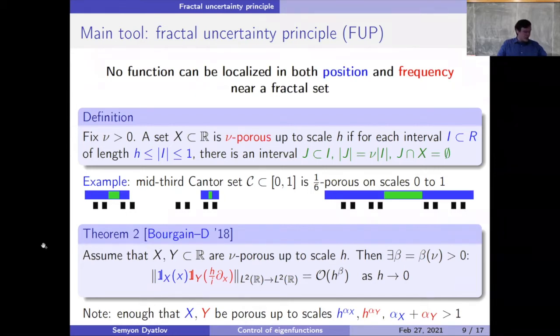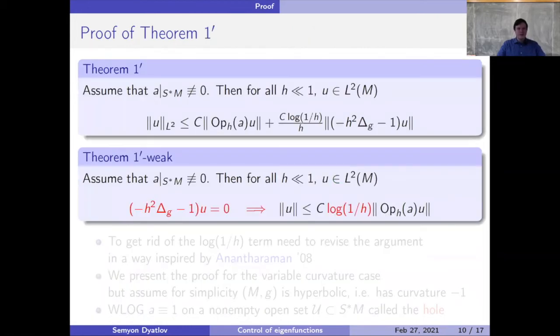Again, I'm not going to say how it's proved, but it's using classical harmonic analysis. It has nothing to do with the rest of the talk. So instead of explaining how it's proved, I'll just use this tool as a black box, and I'm going to explain how to reduce to this tool. At least I want to explain where fractal sets appear in this quantum chaos question.